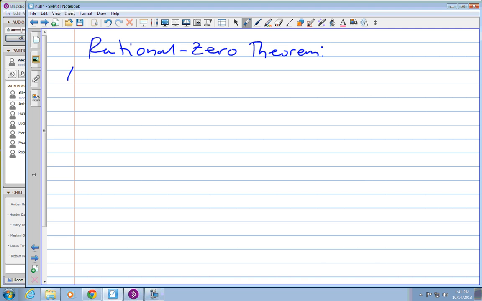So again, looking at a polynomial function, let p of x equals a sub n x to the n plus a sub n minus 1 x to the n minus 1 plus all the way down to the constant.